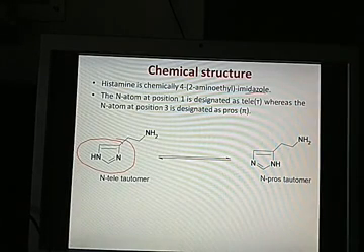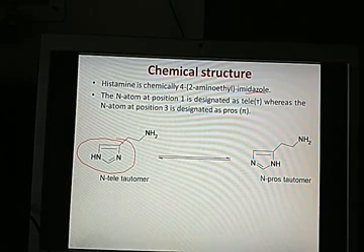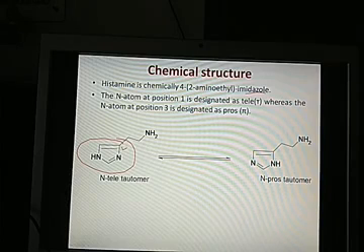Now on this ethyl group, at the second position, we have an amino group. Hence the name 2-amino ethyl imidazole, with the ethyl group at position number 4.